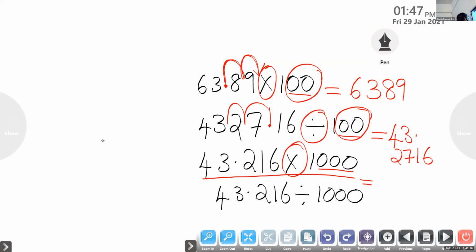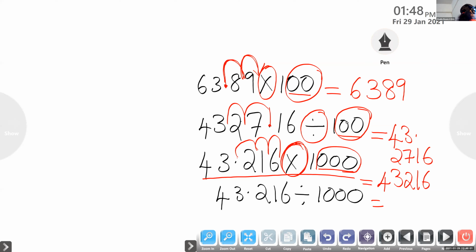How many zeros are there? And it is multiplication. Ma'am, it's 43216. Tell me how many digits are there? 3. So we have to move which place, it is multiplication? Move to the right side. 1, 2, 3. So what's the answer? 43216.